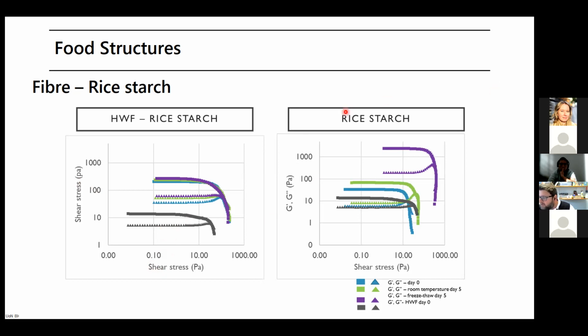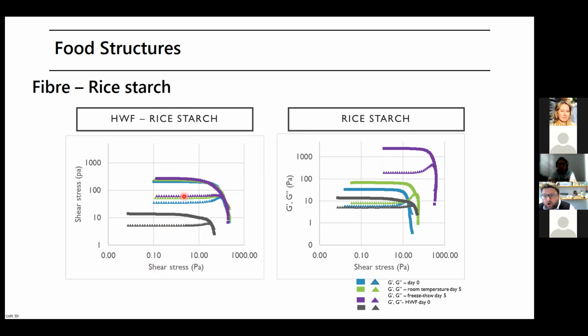If we look at the rice starch after the freeze-thaw cycle, you will get a huge consolidation of the material resulting from the expulsion of water. However, in the presence of the fiber composite, even after 5 days of freeze-thaw cycling, you can see that you have a conservation of the mechanical properties.